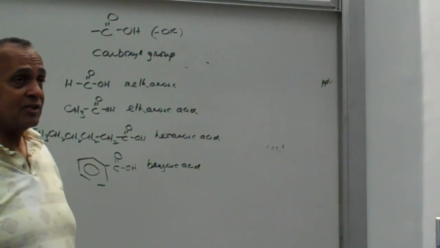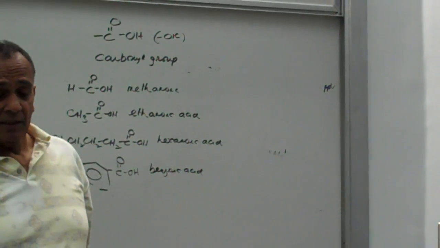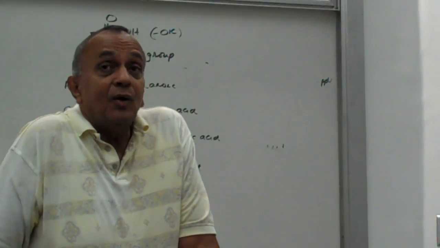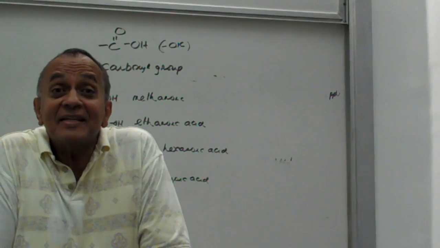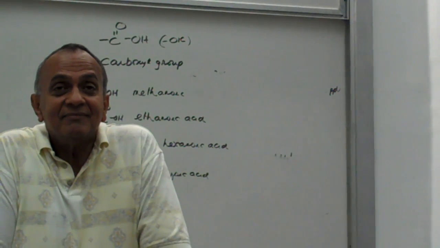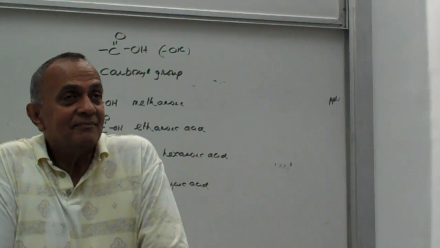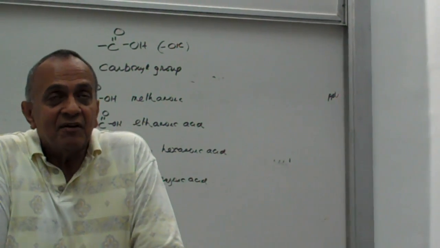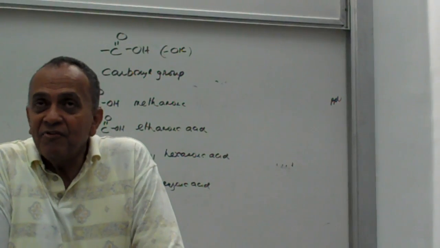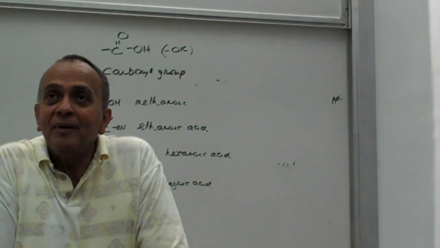Now some of you should begin to realize now that when we go from one functional group to the other, the only thing that changes is the suffix, isn't it? If we have different functional groups where it has 3 carbons, the prefix will always be pro.